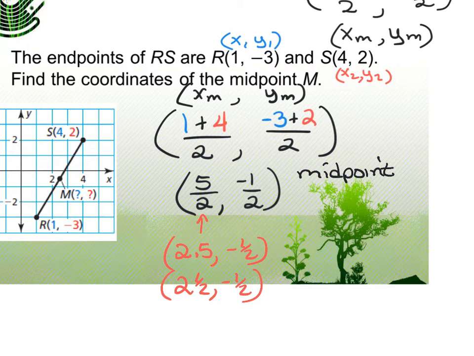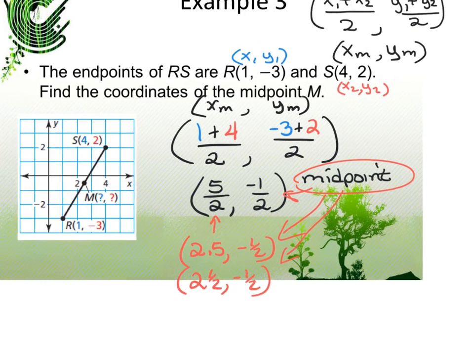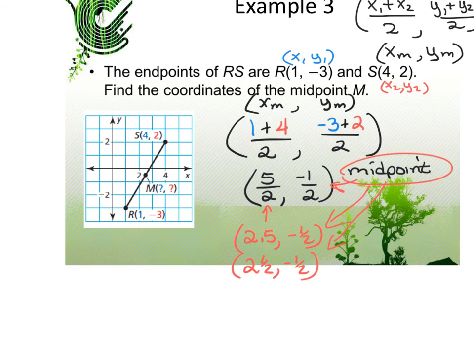If it just asks you to list the midpoint, any one of these three answers is acceptable. If we look at our picture, here was R, here was S, and here's the middle, at the ordered pair 2.5 comma negative half.